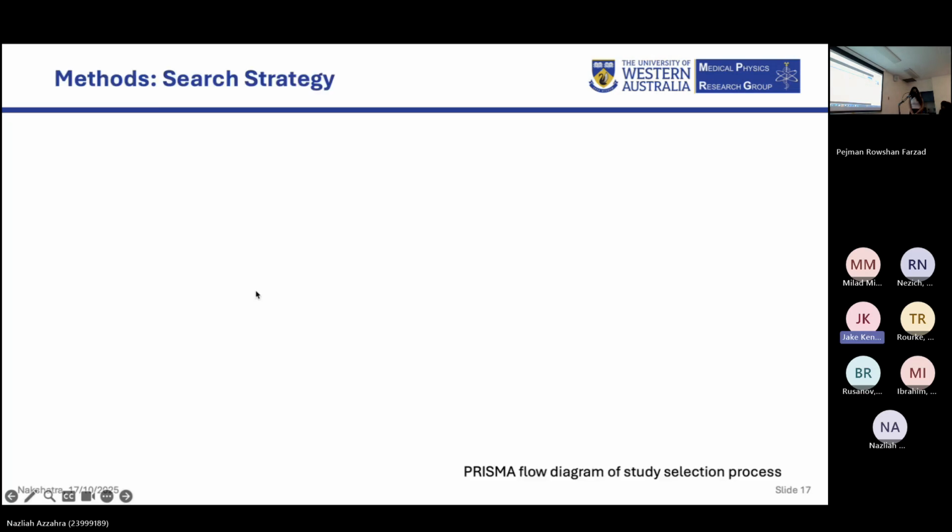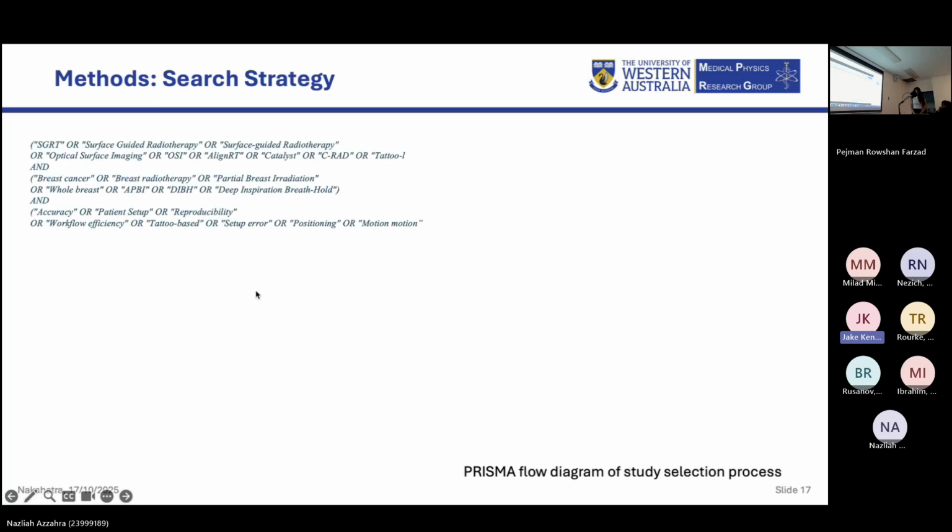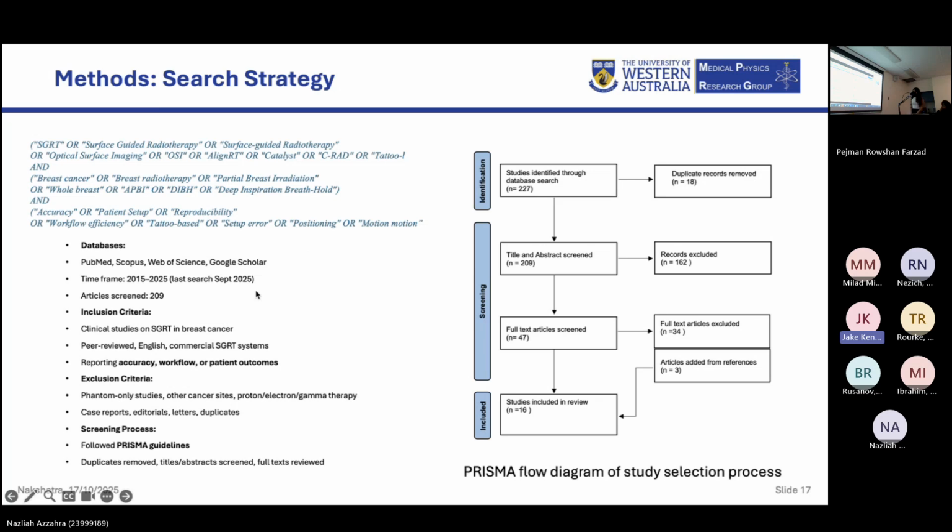For the methods, it started with a database search using PubMed, Scopus, Web of Science, and Google Scholar. For this review, I included studies that focused on breast cancer and used photon beams, and excluded all electron, proton, and other beams.